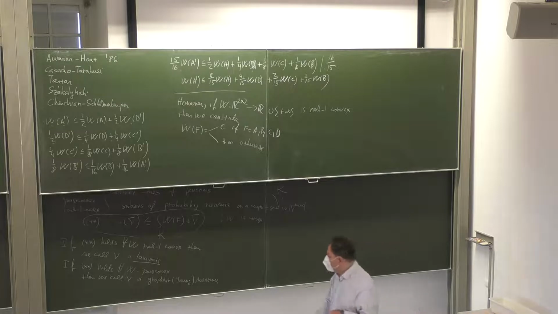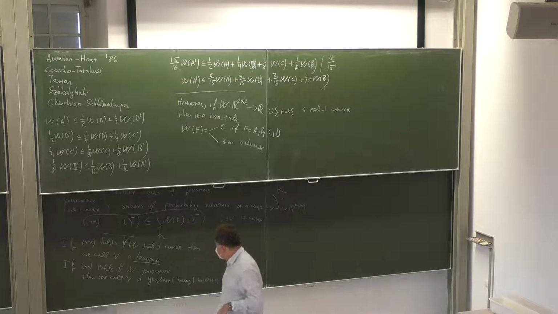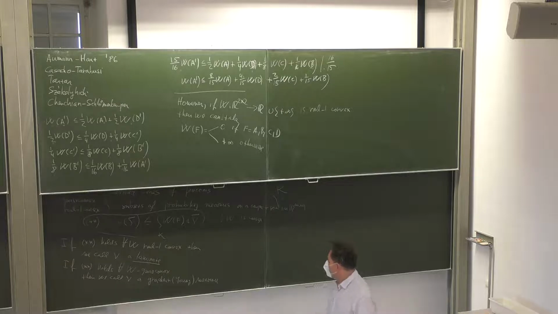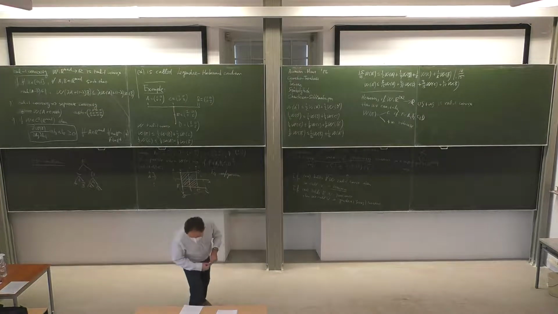This is developed in some other areas of mathematics, not in the calculus of variations, but we can borrow this from this area of mathematics. So maybe now I erase the board and then we go on with some examples.